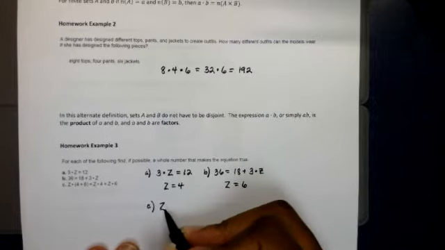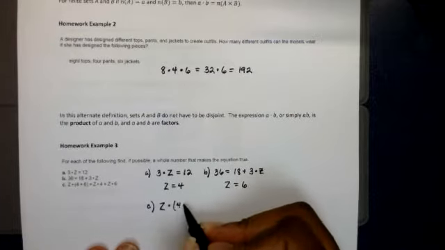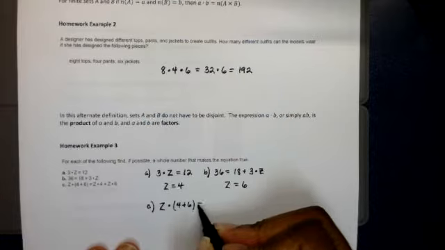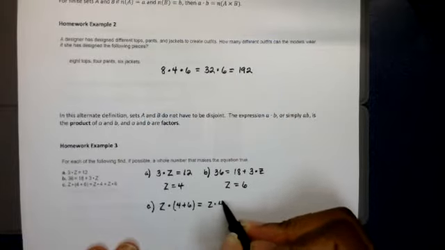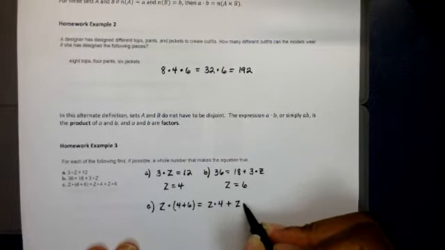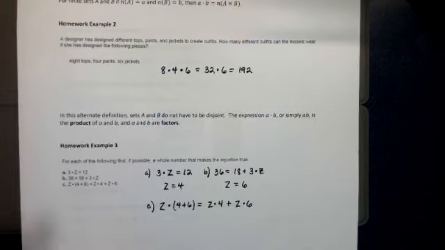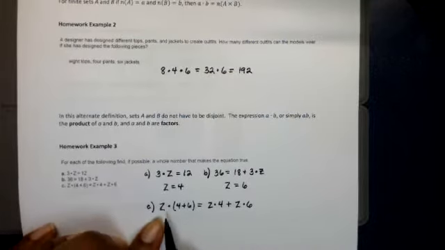And now part C, we have z times the quantity 4 plus 6 is equal to z times 4 plus z times 6. In this case, I can try any number for z.